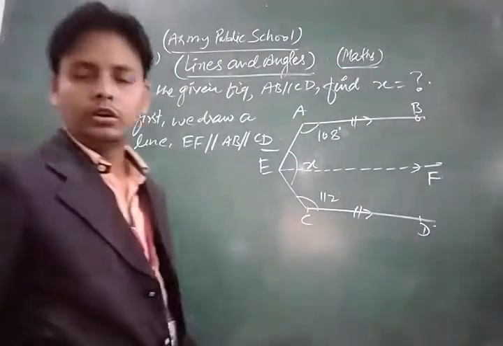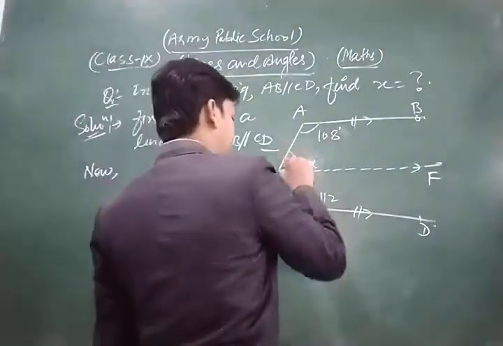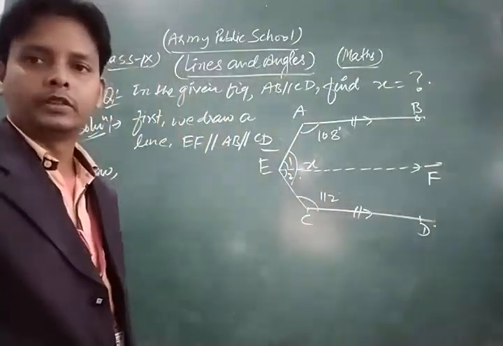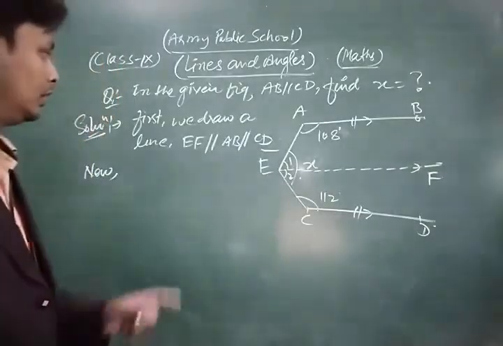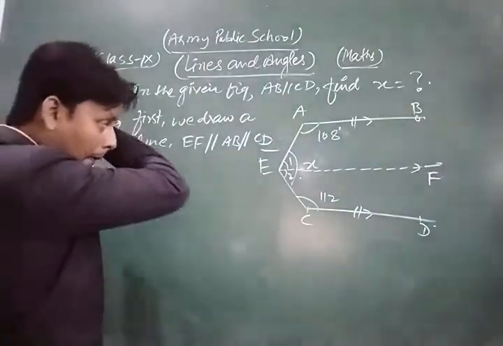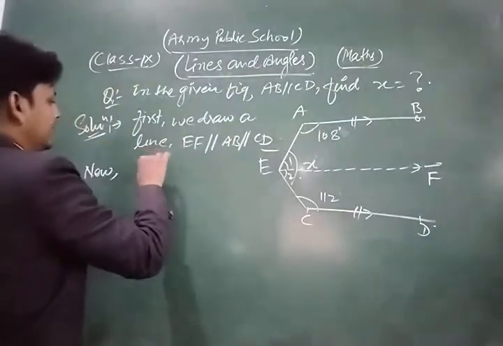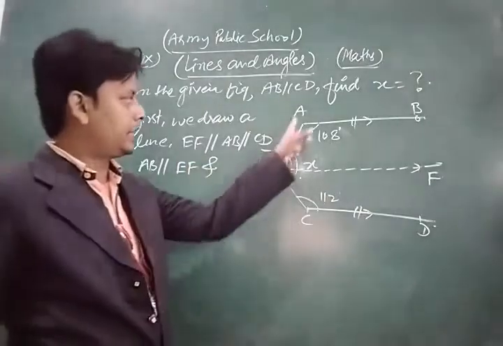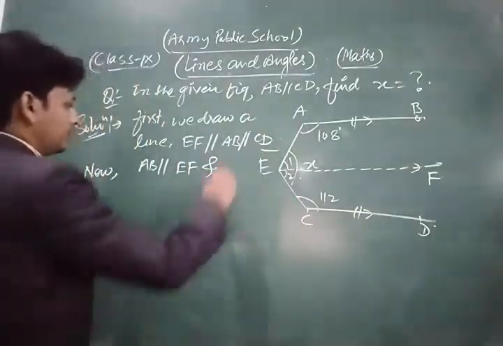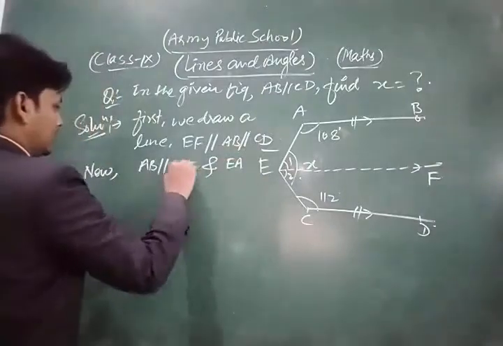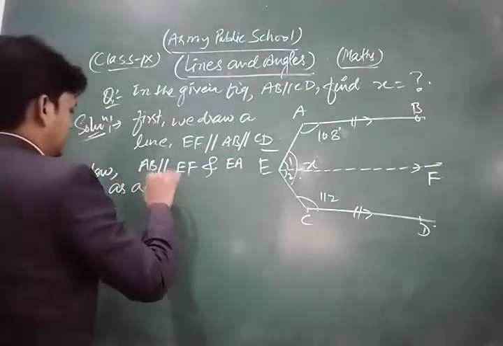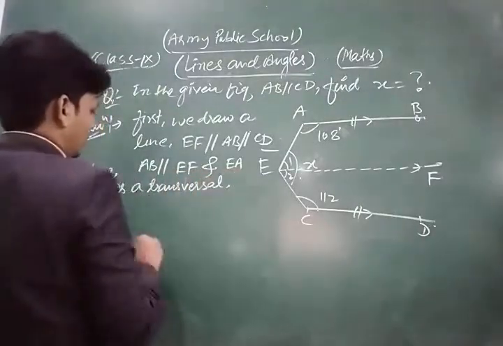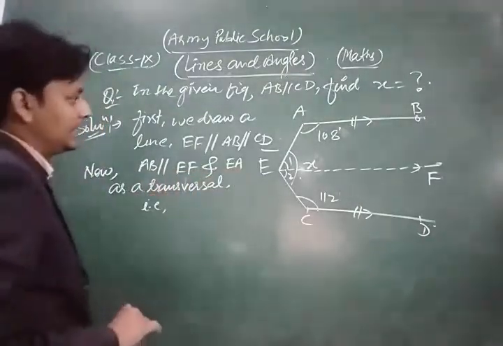Now we take this as angle 1 and this as angle 2 respectively. Now look. We take AB parallel to EF and EA as a transversal.